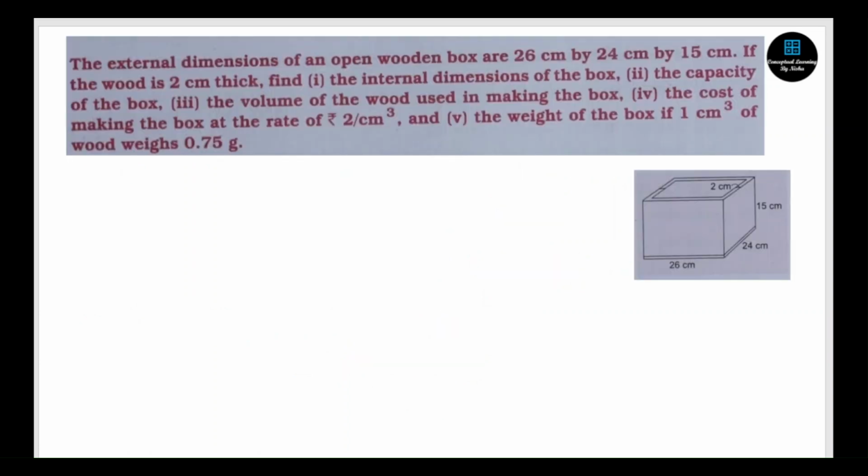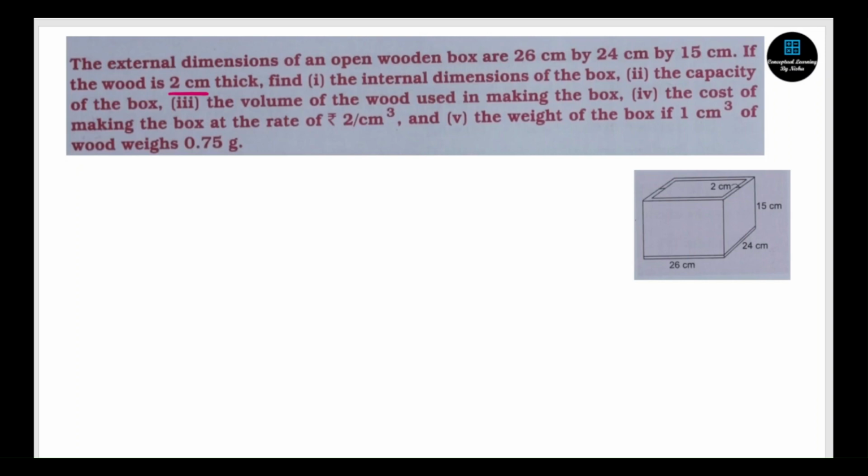Now, very interesting question. Okay, here the external dimensions of an open wooden box are given. So if you see here, this is the open wooden box which is 2 centimeter thick. They have given the external dimensions and the thickness. So you have to find the internal dimensions of the box.